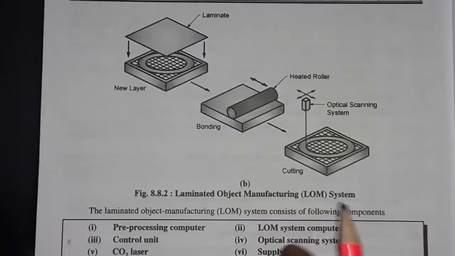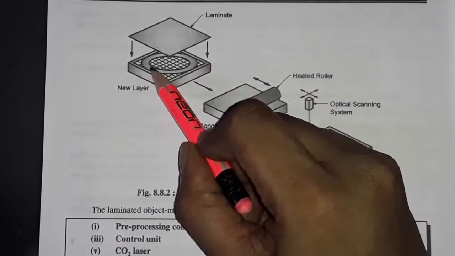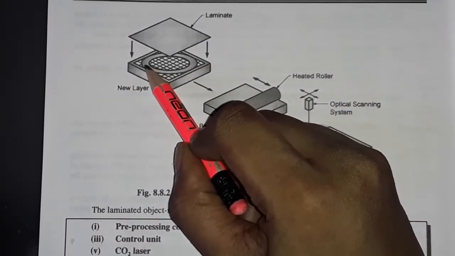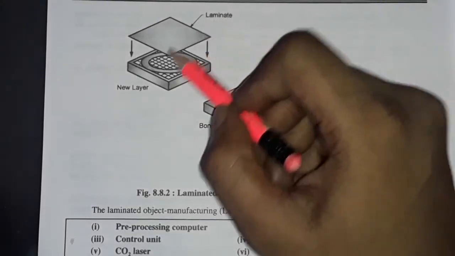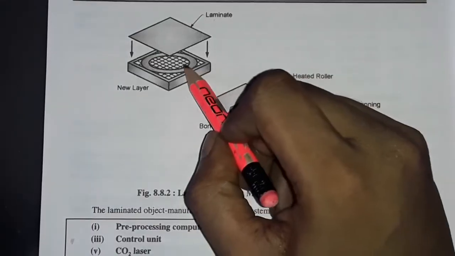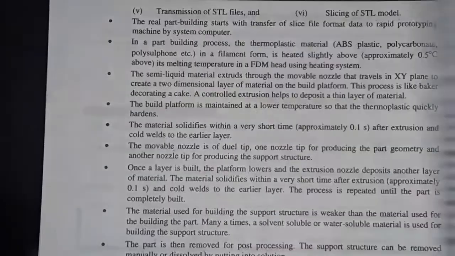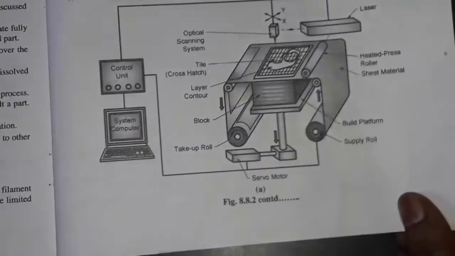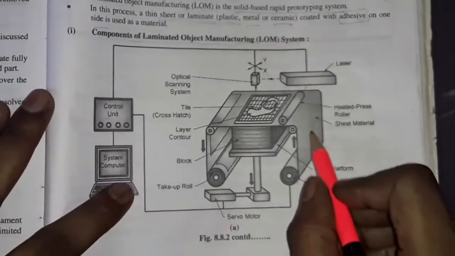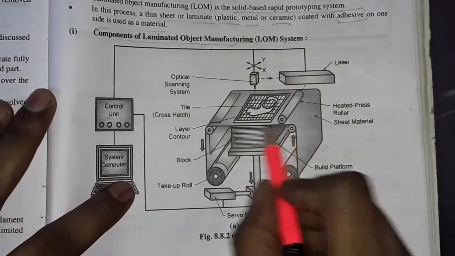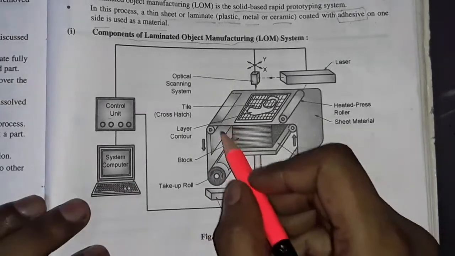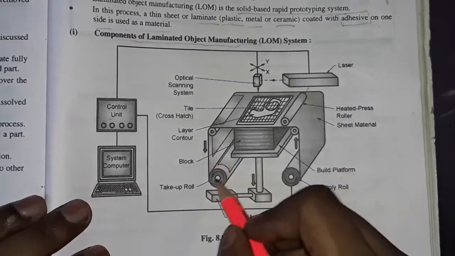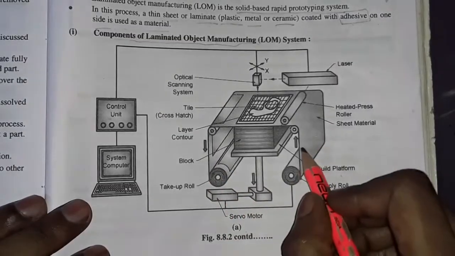Here, placing the sheet: this is the first, previous layer, and this is the new layer of material which we are going to place with the help of the supply roller and the take-up roller. The new material goes from this direction to this. The previously used layer will be taken by the take-up roll, and a new layer will be supplied by the supply roll.